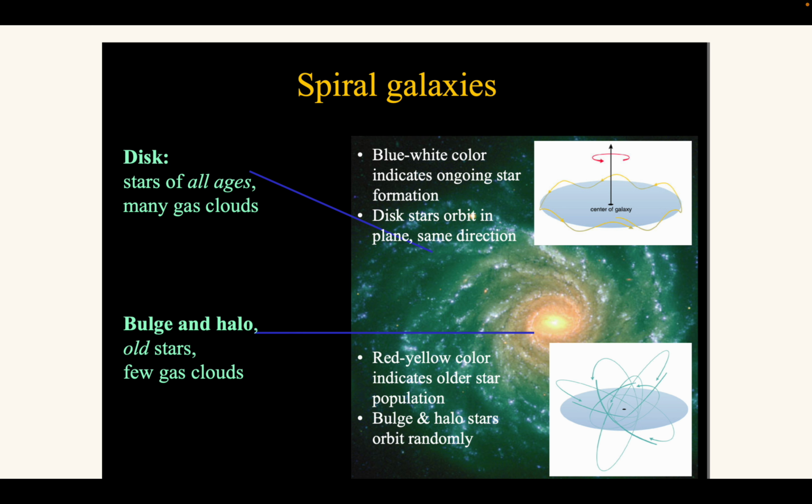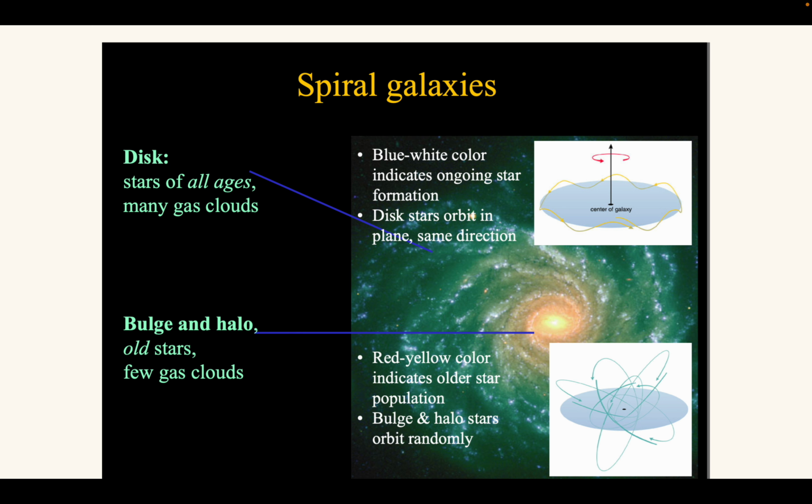In the bulge and halo, you will see some K-type and M-type stars. These are the red-yellow stars, because they are cooler than our Sun, with a surface temperature of about 3000 or 4000 Kelvin.